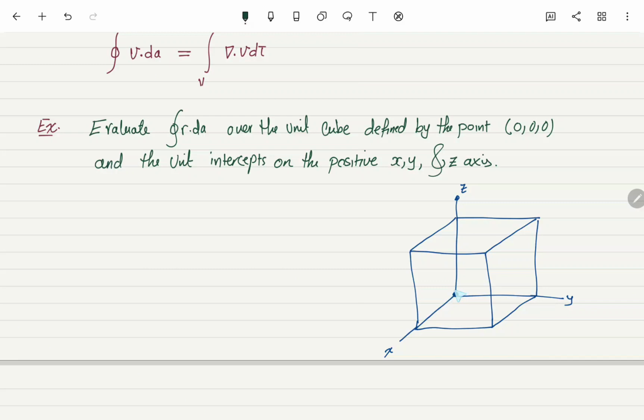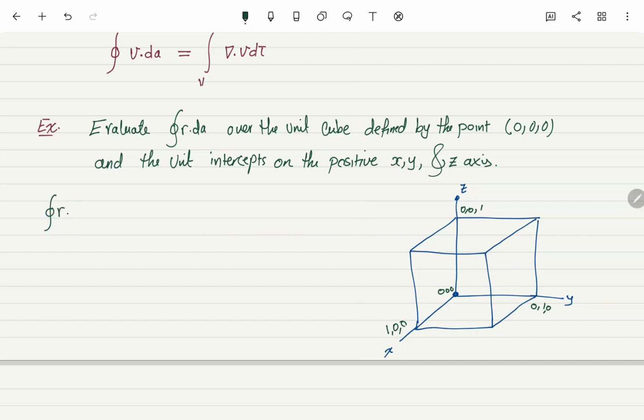The origin is 0, 0, 0, and the intercept with the x-axis is 1, 0, 0, and on the y-axis, 0, 1, 0, and on the z-axis, it's 0, 0, 1. Now, to find the integral, we have to find the integral over all the surfaces here, and this cube has 6 surfaces.